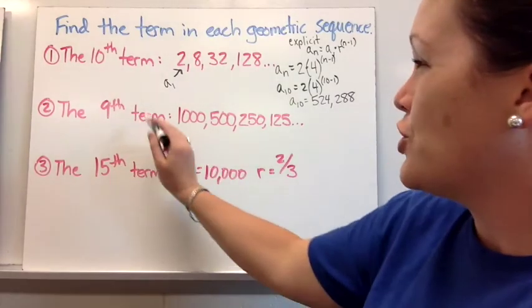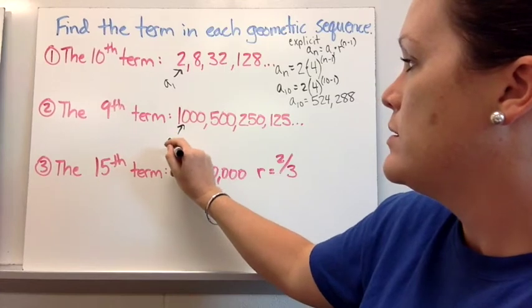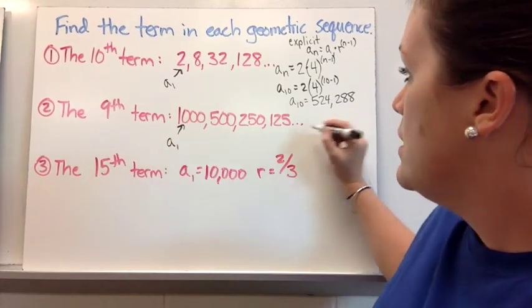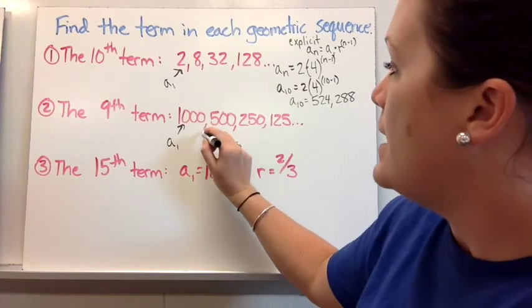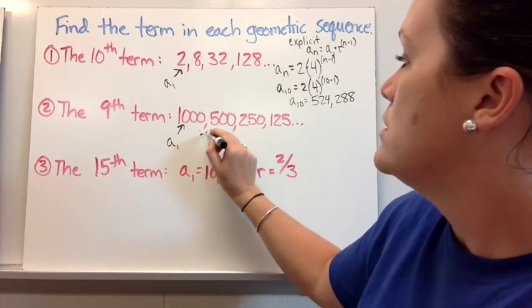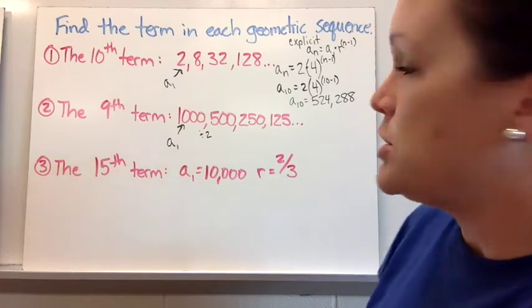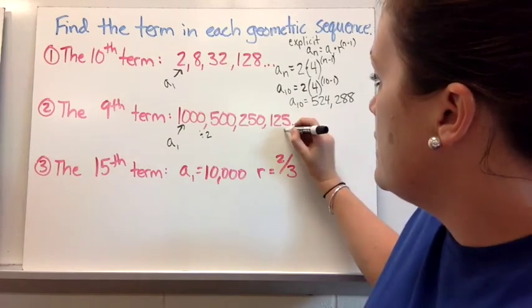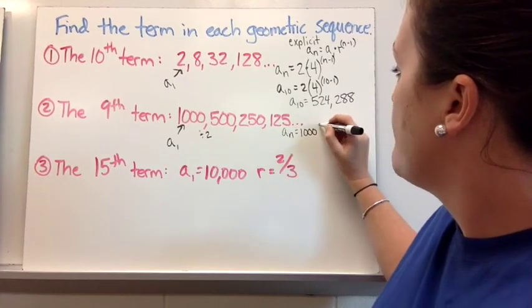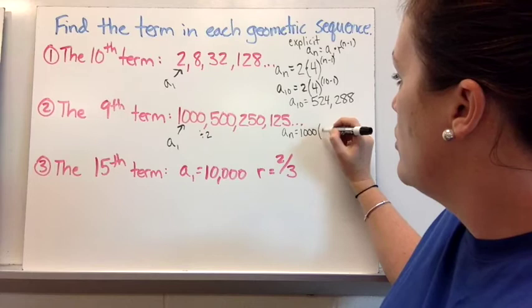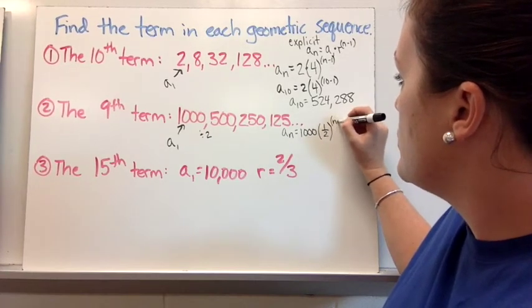Okay, let's look at the next one. The 9th term in this sequence, so we check out what's happening. We have our first term is 1,000. The common ratio, it's getting smaller. Looks like it's dividing by 2. So we write that like it's multiplying by 1/2, so it looks like a ratio. So let's set up a sub n would be 1,000 for our first term times 1/2 and then n minus 1.